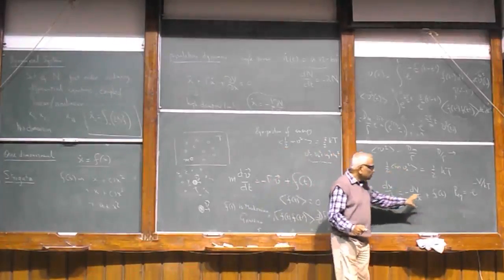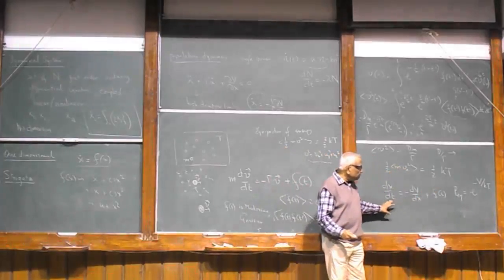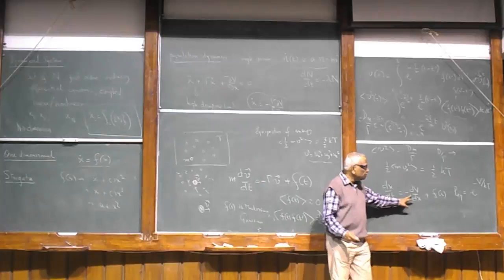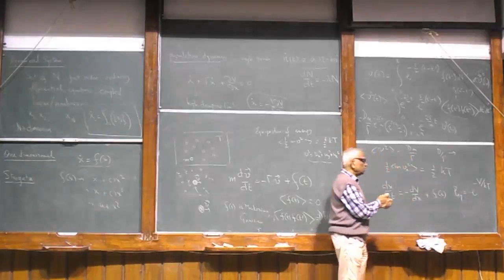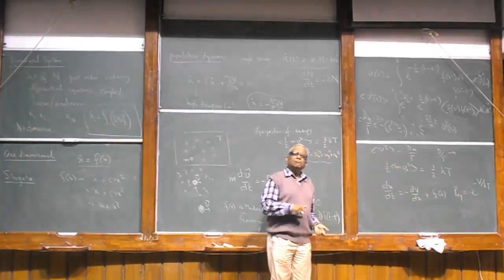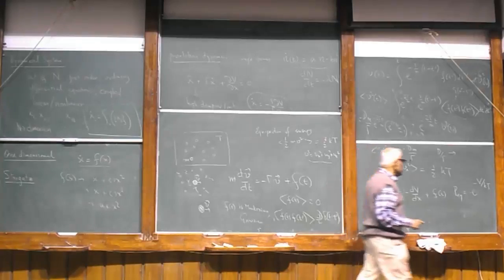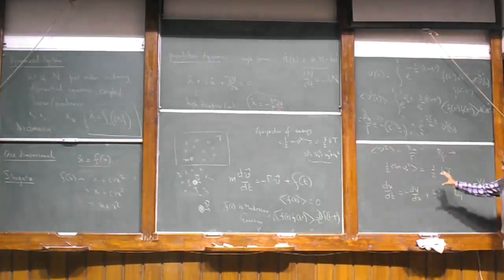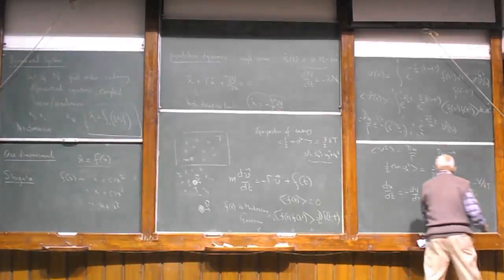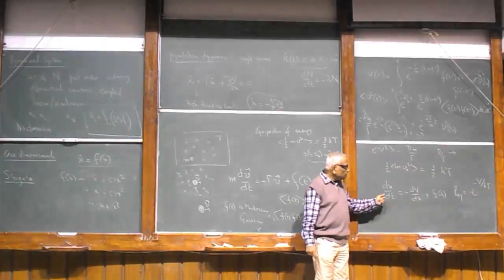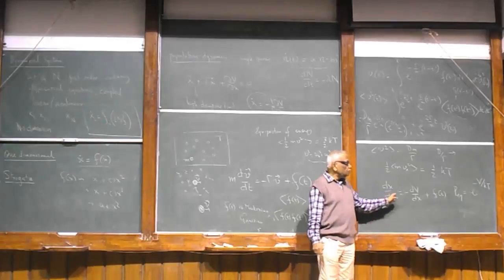So there would be a dynamics, dx/dt equal to minus dV/dx, which would lead to an equilibrium distribution which is this. So coming backwards, if somebody tells you that there is a system under a potential V, which has an equilibrium distribution given by this, then you can say, aha, in that case I must have started with dynamics which looked like this.